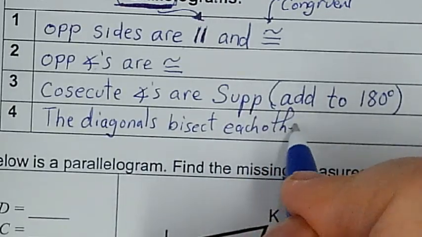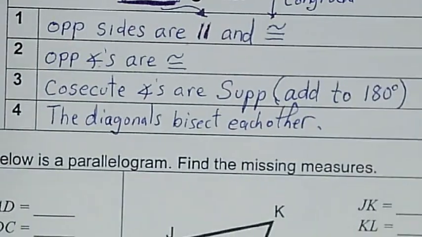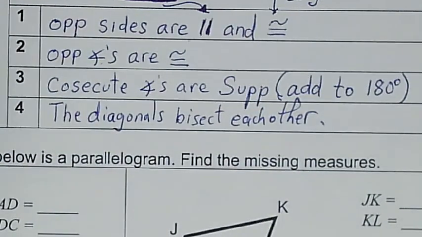The diagonals bisect each other. Write it down, please. We're almost done. So diagonals bisect each other.